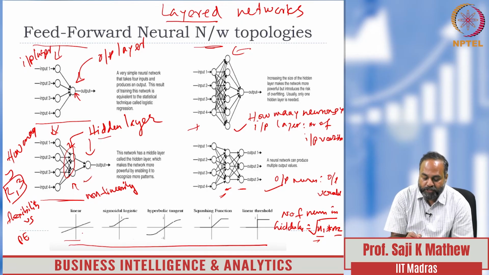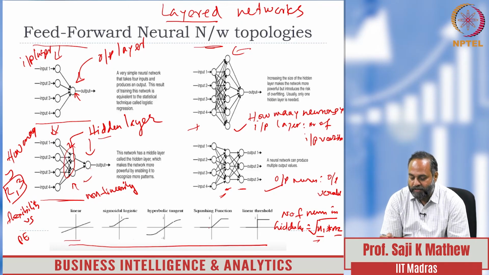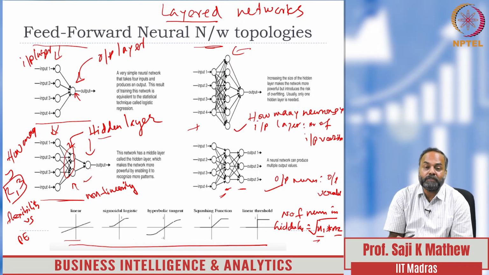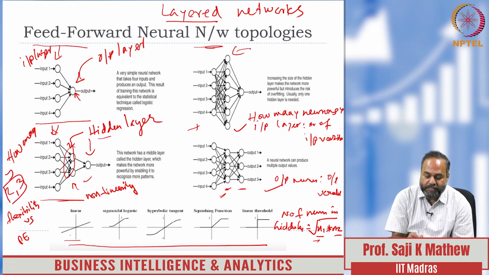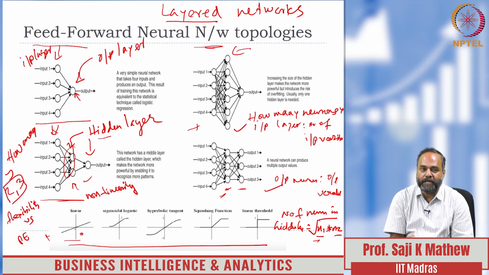The choices are linear transfer functions, sigmoid or hyperbolic, squashing, linear, threshold and so on, like a step function. The recommendation based on the paper that we are discussing is that when we are using it for time series applications, the output transfer function should be linear.